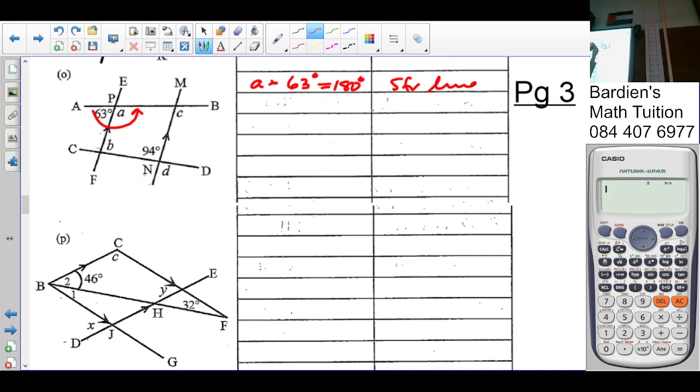Angles on a straight line. So A is equal to 180 minus 63, which gives me an angle of 117 degrees.